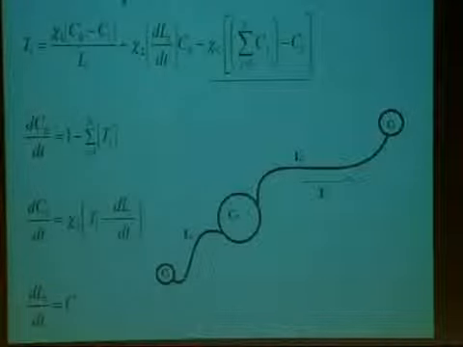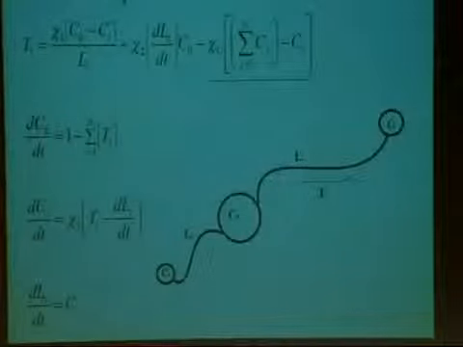Can I ask you about your method for solving these simultaneous equations? In other words, how did you do it? What algorithm did you implement? Okay, so the question was the method for solving these equations. What we did was we took these equations and put them in the steady state, so that the C naught term goes to 1 over chi2, and dc/dt, dci/dt, and dli/dt go to 0.